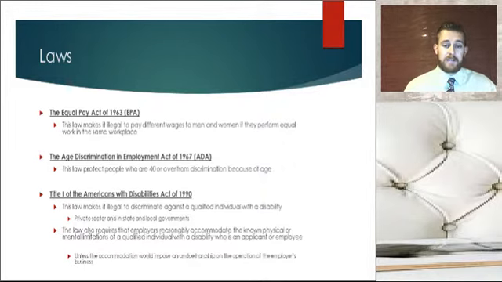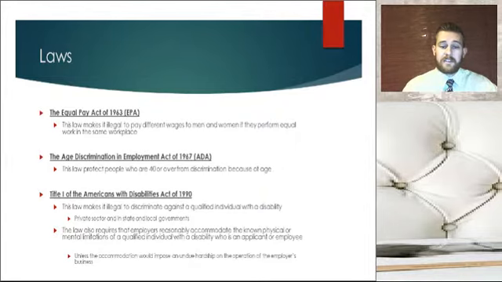Next, we will get into Title I of the Americans with Disabilities Act of 1990. This law makes it illegal to discriminate against a qualified individual with a disability. The private sector and state and local governments do have to abide by this law.